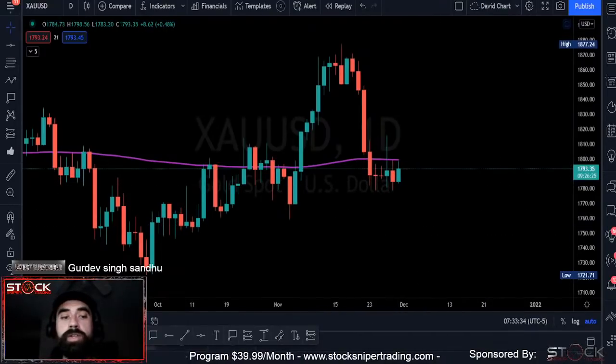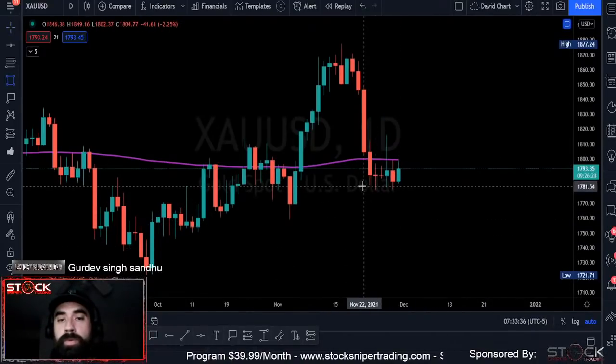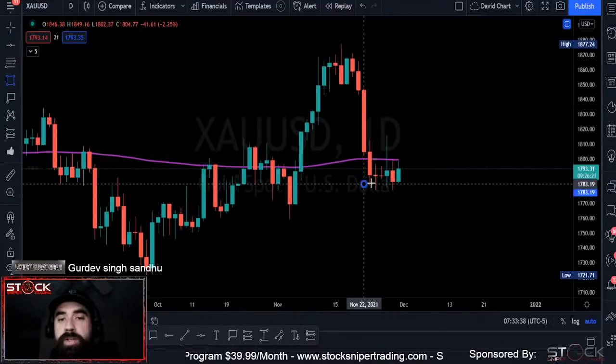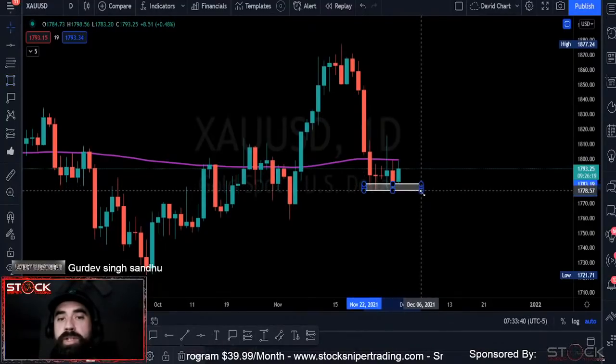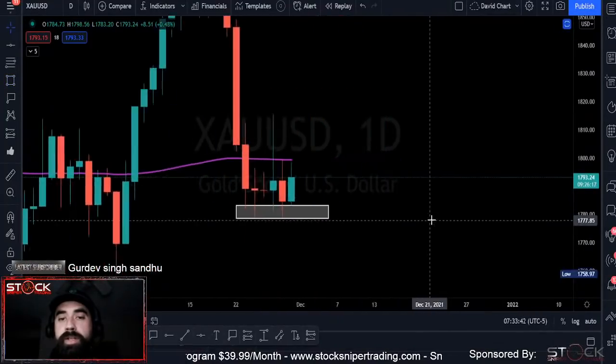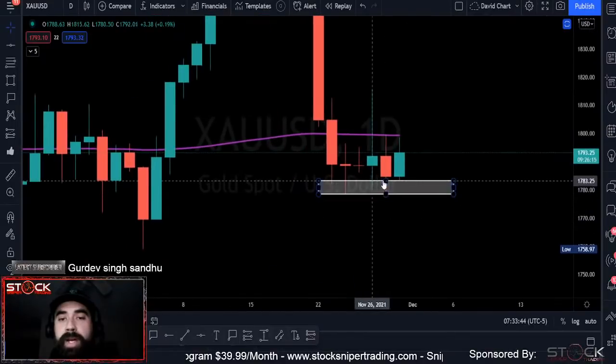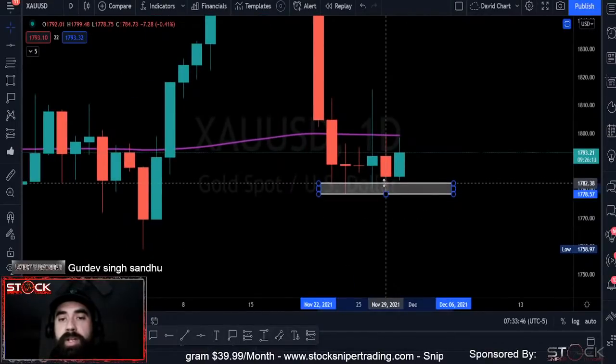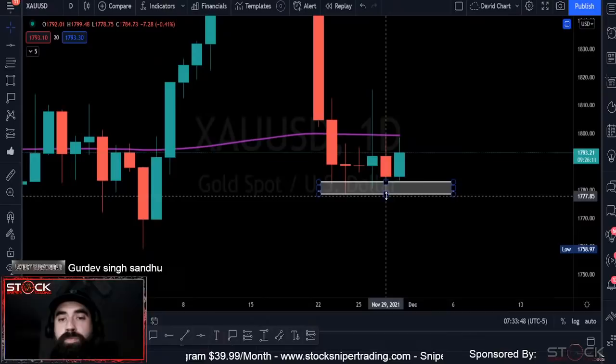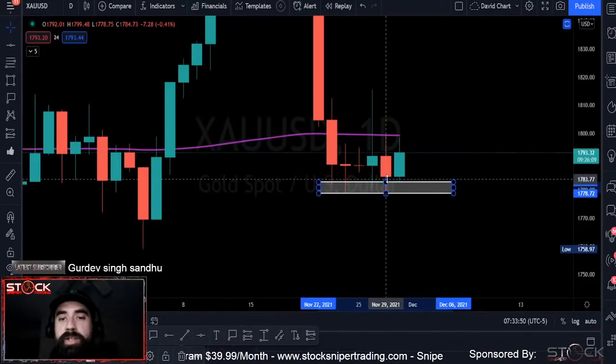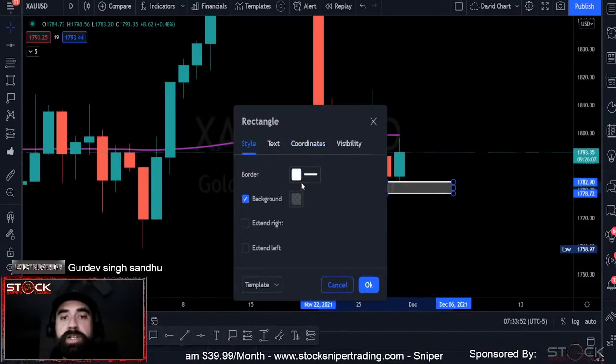All right. So we need to start gathering some information here. And the information that we're gathering is higher time frame supply and demand. So you can see right here making nice little demand areas. We need to change this so it's going to be green.